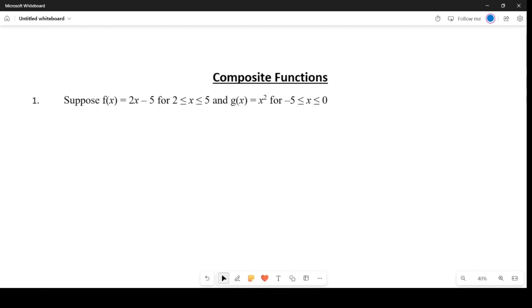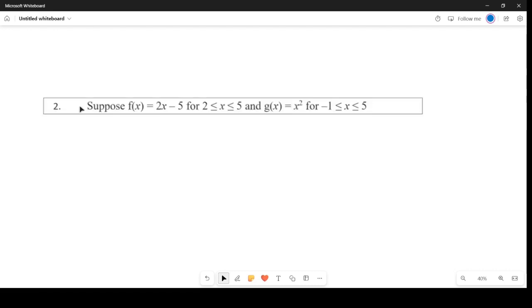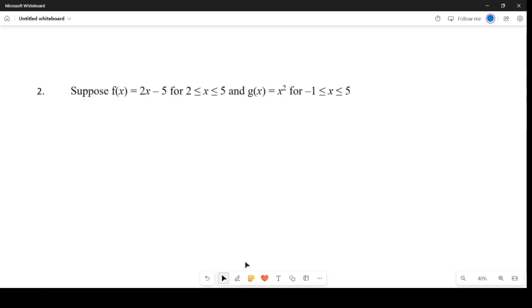I had you do this example the other day, and we determined if it is possible to form the composite function fg, and then we discussed if it's possible to find the composite function gf, and the answer was no in both cases. Today we're going to follow the same method, but we will use this f and this g.